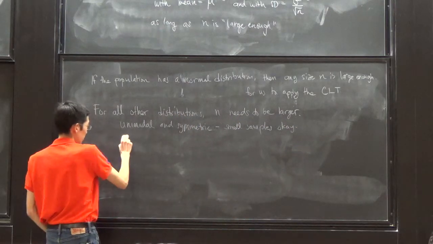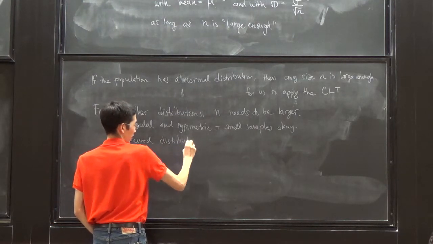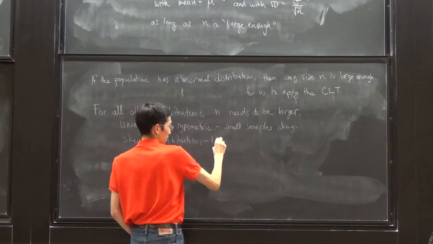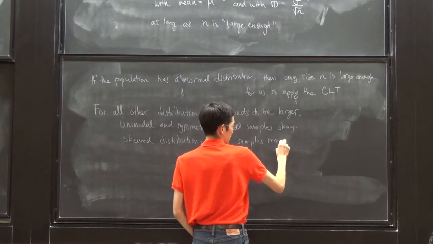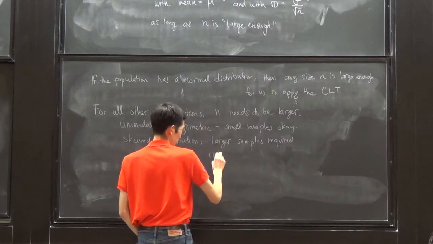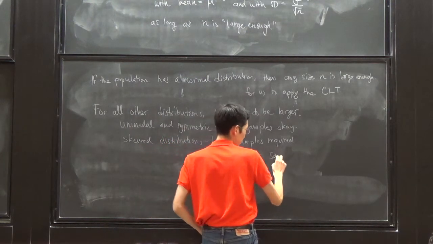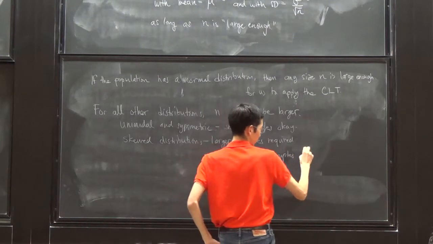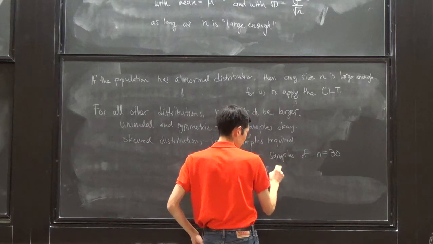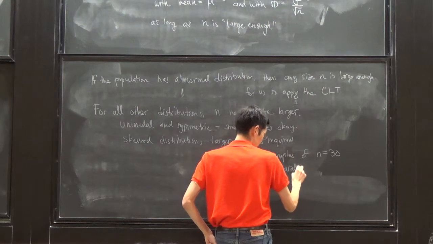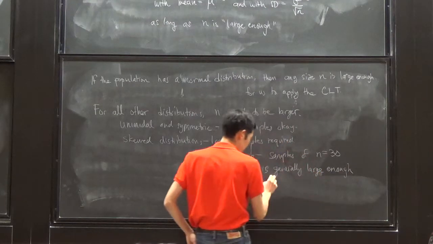But as you get skewed distributions, you need larger samples. Rule of thumb: samples of size 30 are generally large enough for most situations.